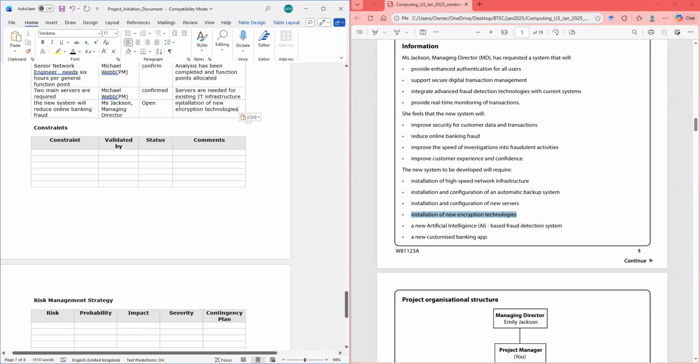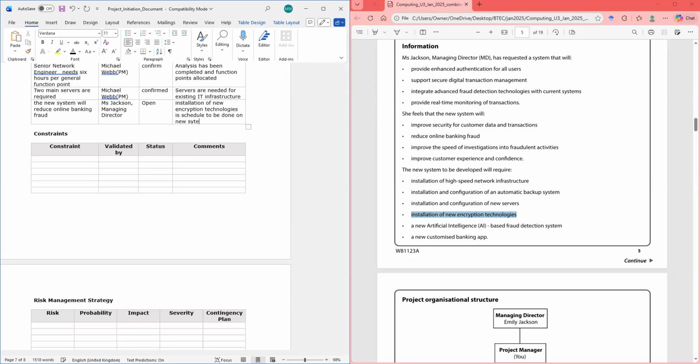Installation of new encryption technology is scheduled to be done on your system.